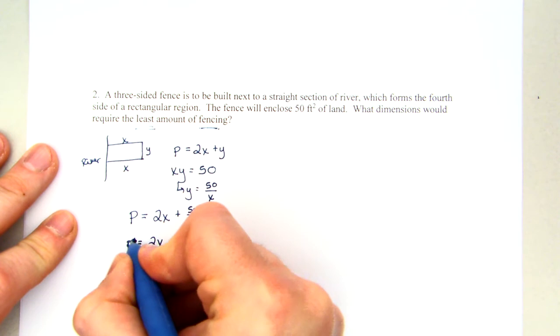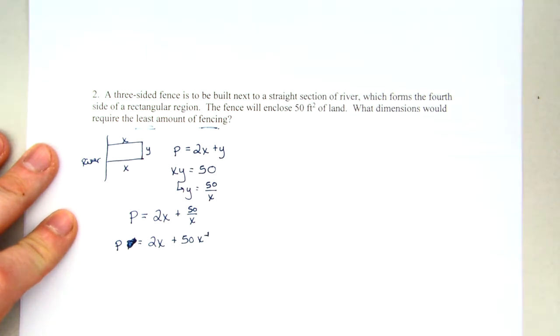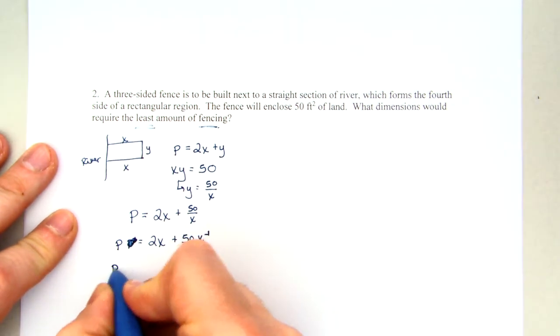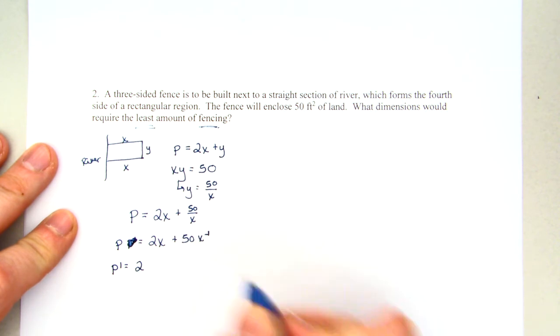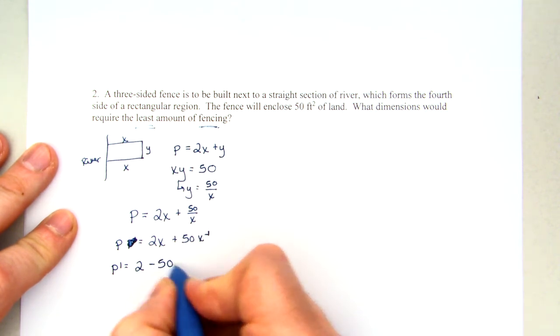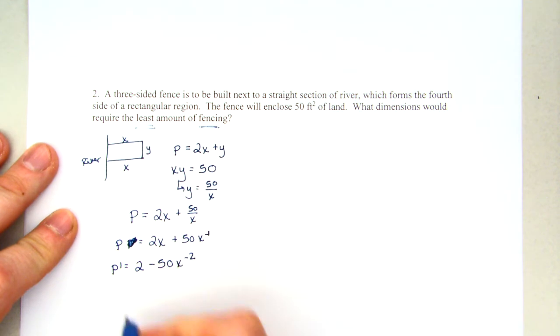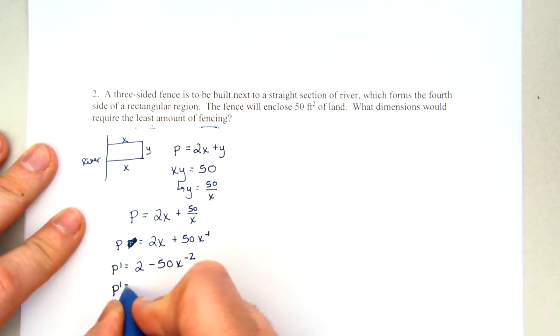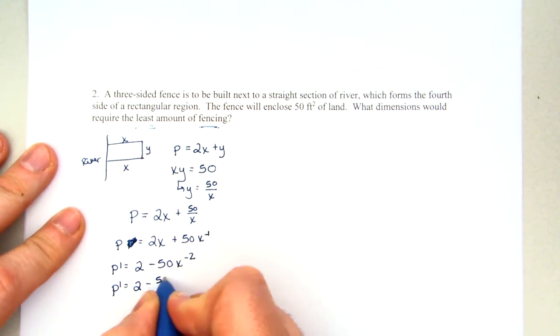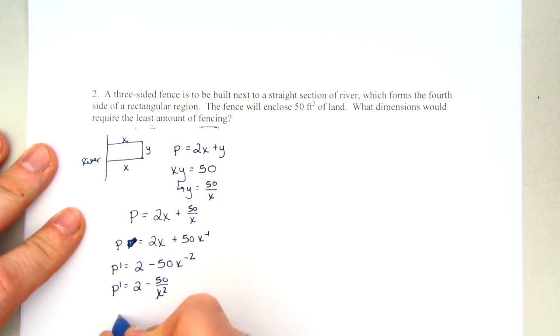I'm just realizing that shouldn't have said p prime, that should have said p. We're going to get p prime equals 2 minus 50x to the negative 2. So p prime equals 2 minus 50 over x squared. I'm just going to set this equal to 0 and say 0 equals 2 minus 50 over x squared. 2 equals 50 over x squared.